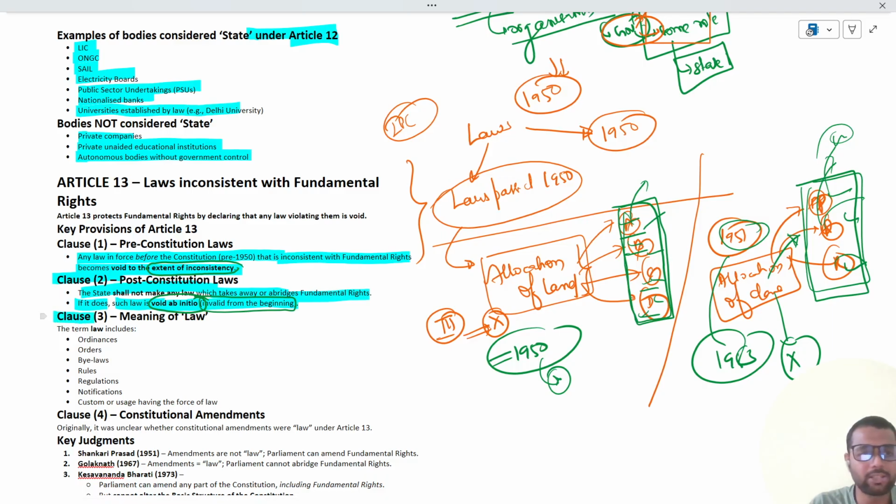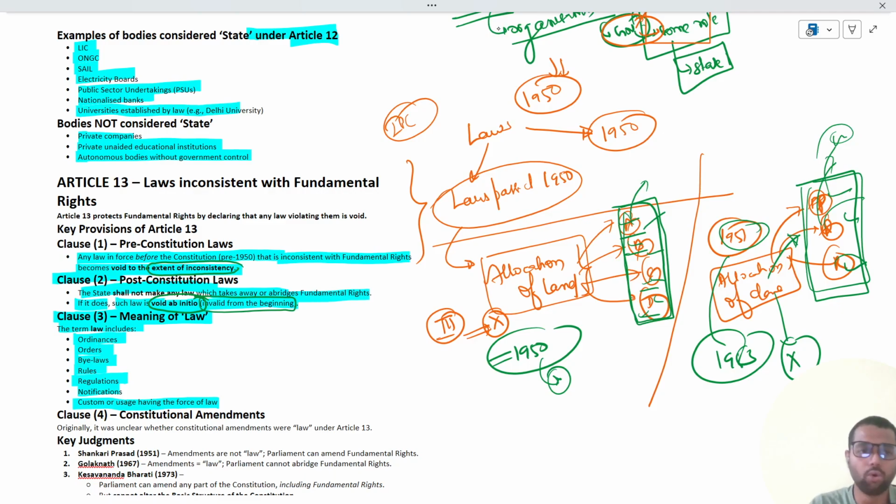Article 13 subclause 3 defines the meaning of law. The term law includes, it clearly says what the law includes: ordinances passed by the president or the governor, which are not passed by the parliament, orders, bylaws, rules, regulations, notifications, customs or uses having the force of law.